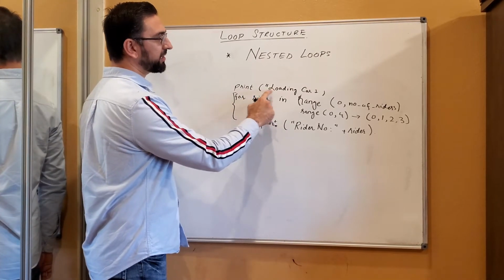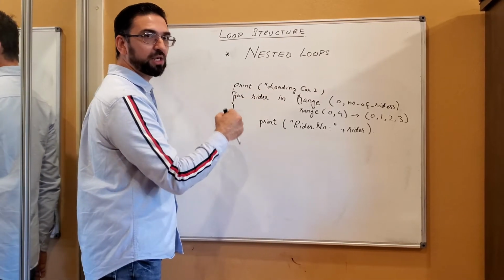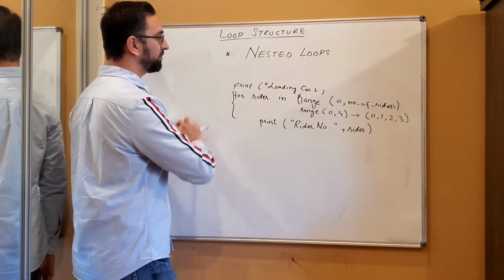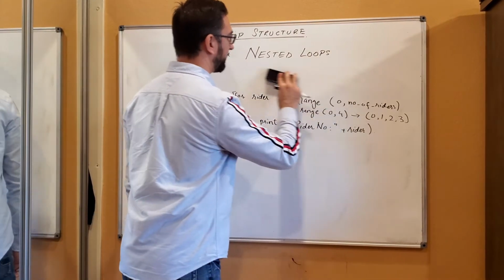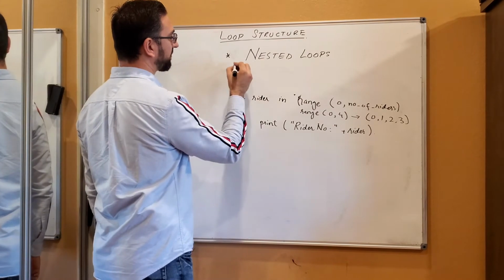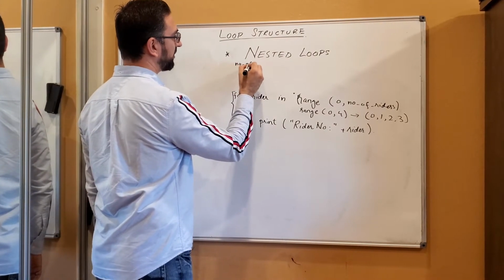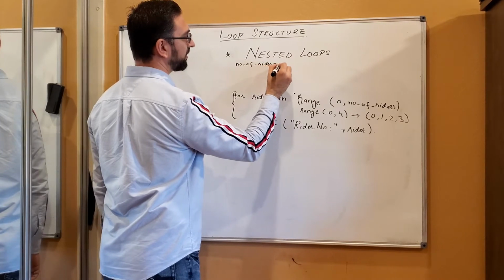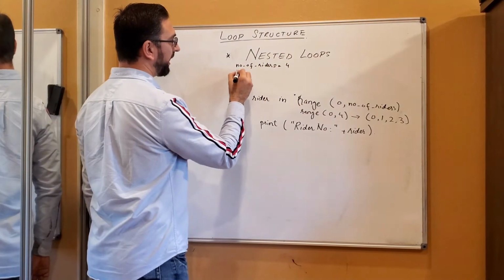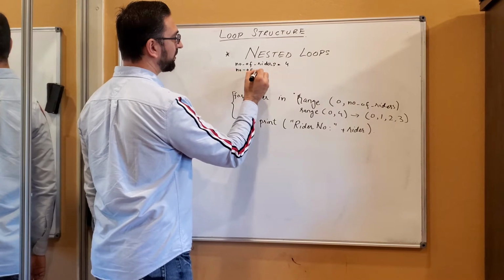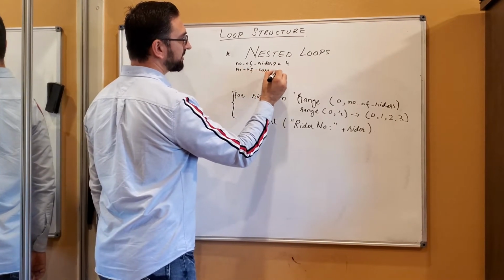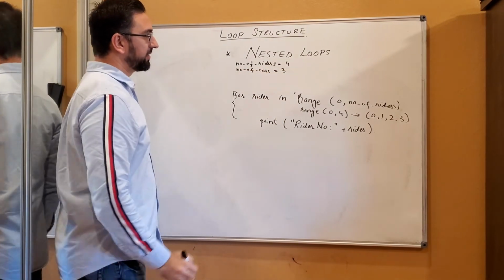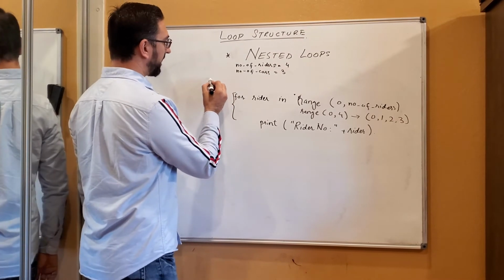These multiple cars can be processed using another for loop, which will iterate over the number of cars available. So we can say here number of riders equals 4 and number of cars equals 3. Now we can write another outer for loop.